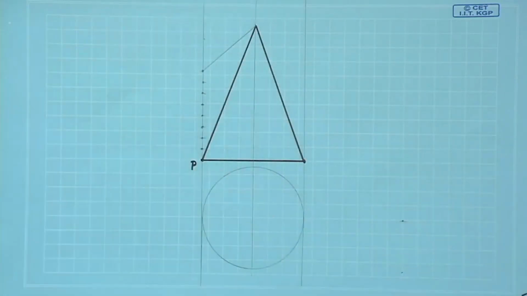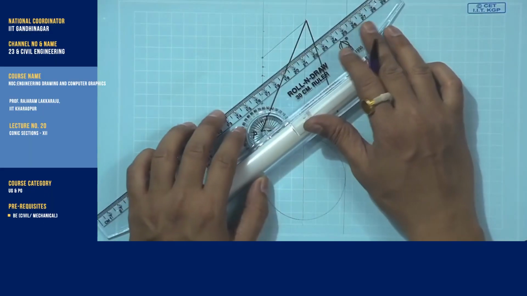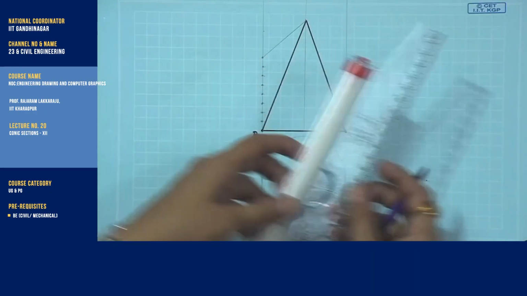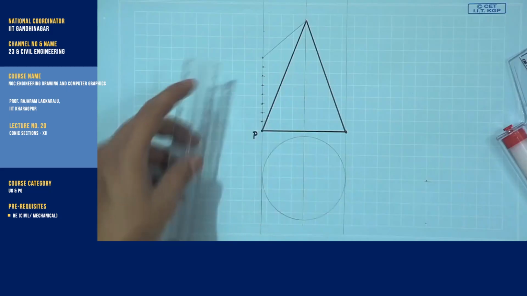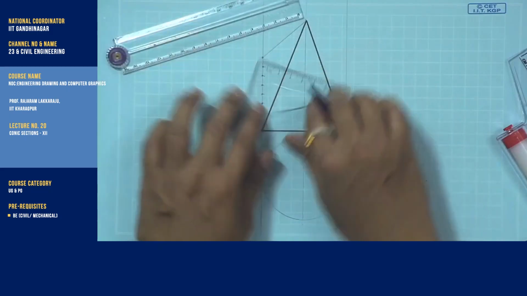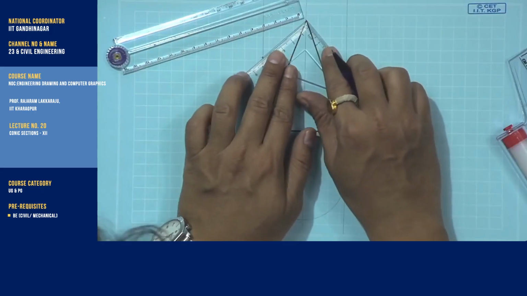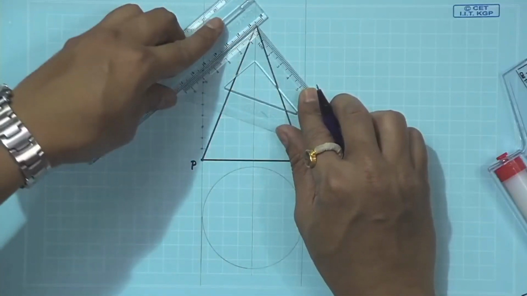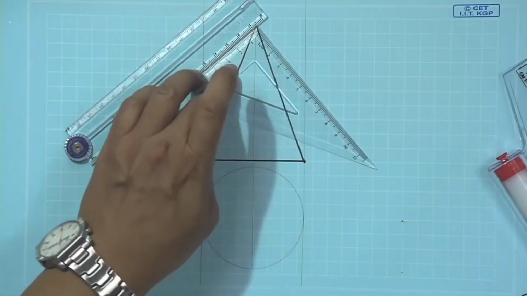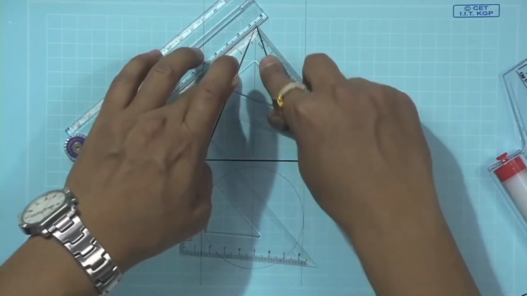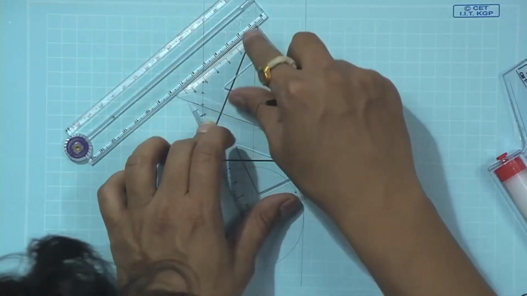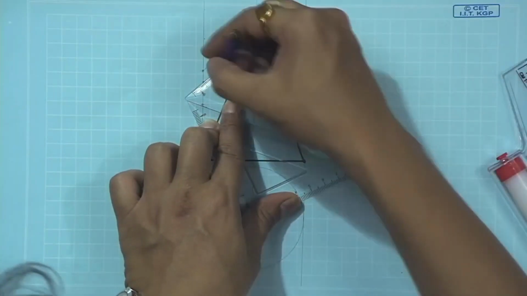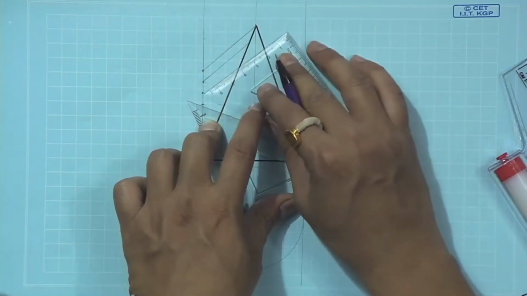Parallel to that, construct parallel lines, so that the other divisional lines we will be in a position to construct.